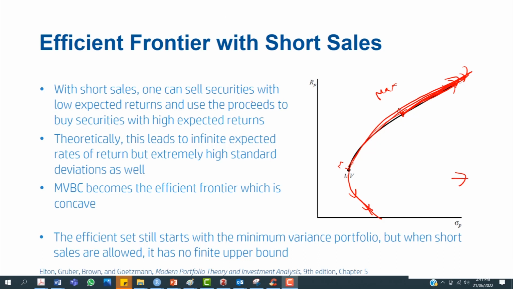To summarize, in this video, we discussed the shape of the efficient frontier with and without short sales. We found that in the absence of short sales, the efficient frontier extends from the portfolio of global minimum variance to the portfolio of maximum return, in this case MV to B. However, when the restrictions on short sales are removed, one can short sell securities with poor expected return and invest in higher expected returns on the efficient frontier and extend their possibilities beyond this upper point B. In that case, the expected returns would be very high with no upper bound on this efficient frontier.